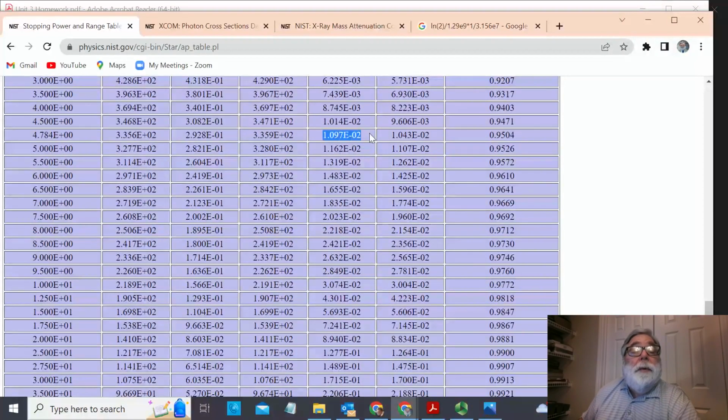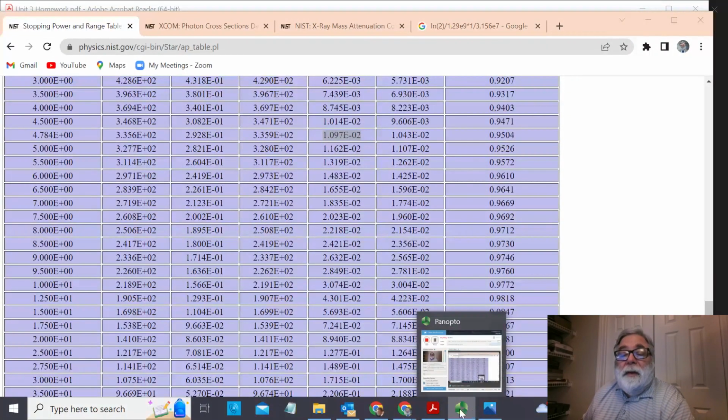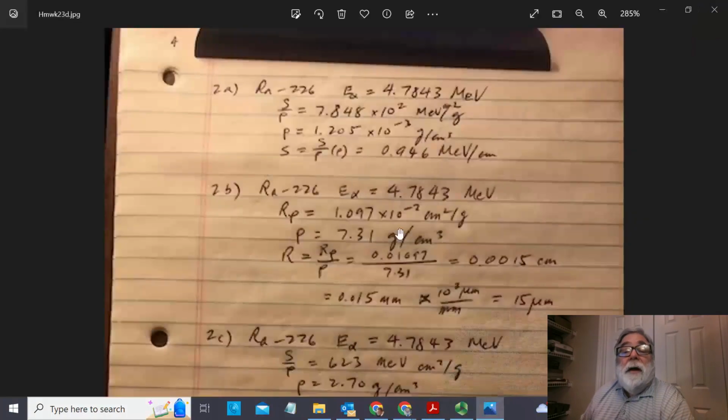It's 1.097 E minus 2. So I have 1.097 times 10 to the minus 2 square centimeter per gram.